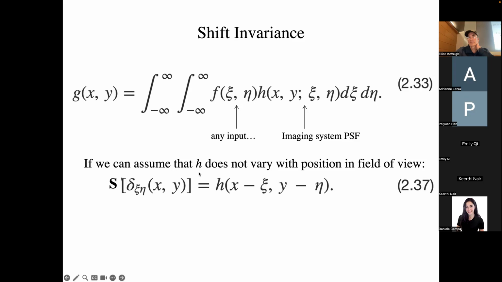So if we can cut down our field of view or our analysis to a smaller region, such that the physics of the situation tells us that the point spread function does not change as a function of position, then I can make a point spread function that is really only dependent on two variables, X and Y. So it's one point spread function, and as I move away from its center, it's the same function regardless of where it happens in the field of view. And therefore, I really only have two free parameters here, as opposed to 4 up here.